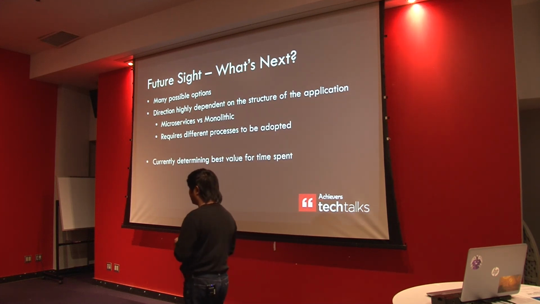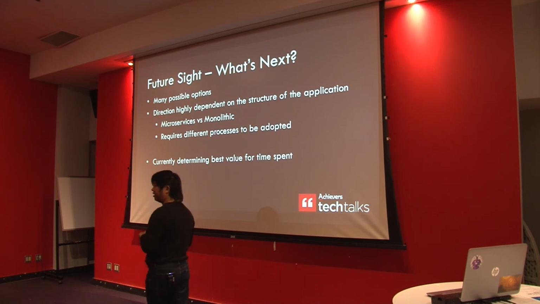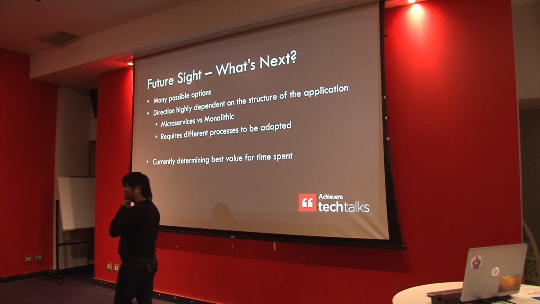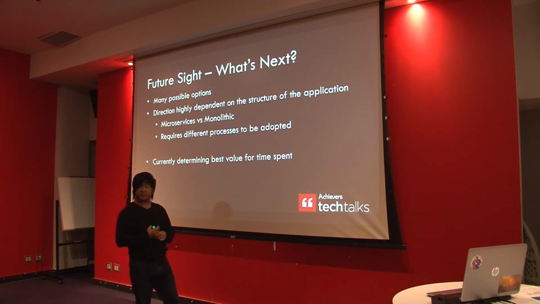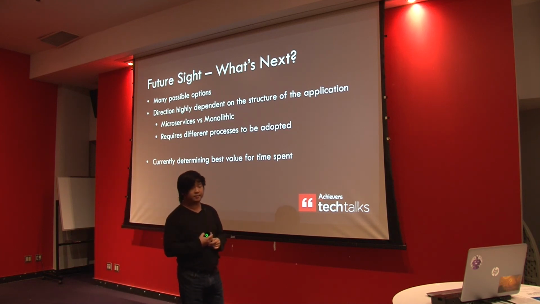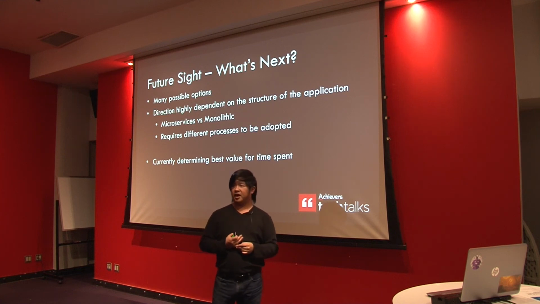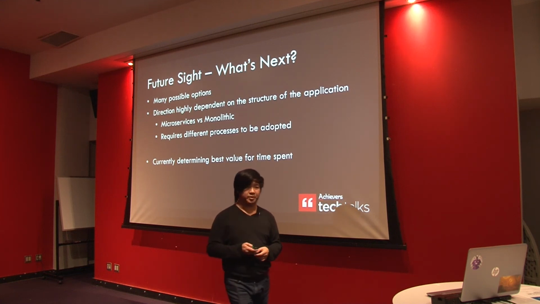We're currently trying to decide what we are going to do with the pipeline. What is the best way that we can spend our time to get the most value out of the pipeline that we have right now? Our pipeline is in a really, really good spot. It's the main validating gate for everything. But that being said, I still believe there's a lot of room for improvement as well.